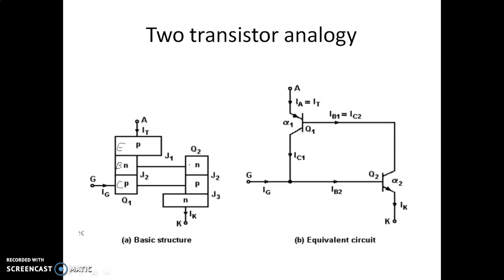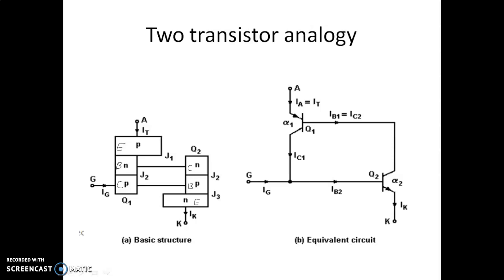And for the second transistor, this is the collector, this is the base, and this is the emitter. As you can see, the base of the first transistor is connected to the collector of the second transistor. The collector of the first transistor is connected to the base of the second transistor. That is represented in an equivalent circuit like this.